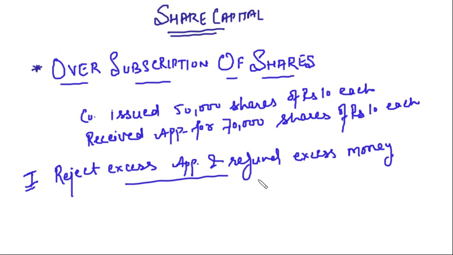So this was one method where we reject excess applications. That means we reject 20,000 share applications, and whatever the application money we have received on those excess 20,000, that money is refunded to the people. Clear? Oversubscription is clear. Method 1 is clear. This is what we discussed in the last lecture.